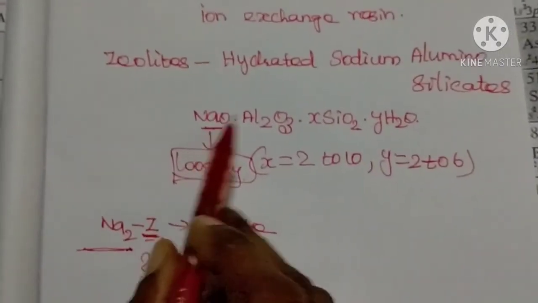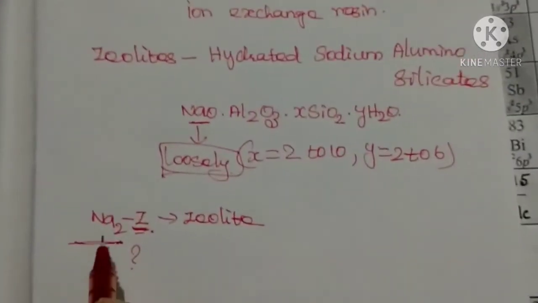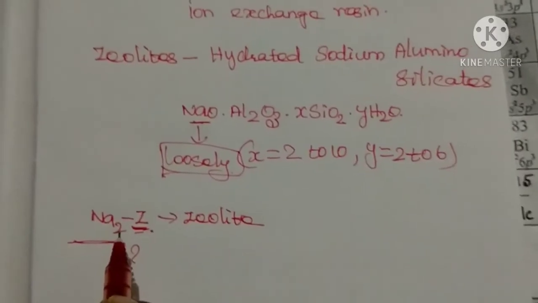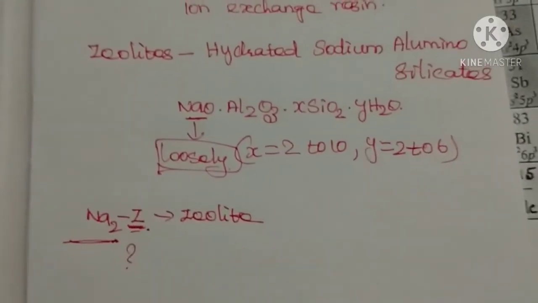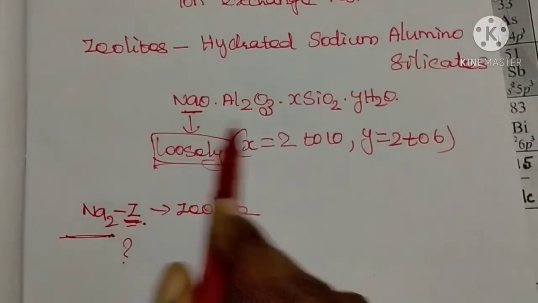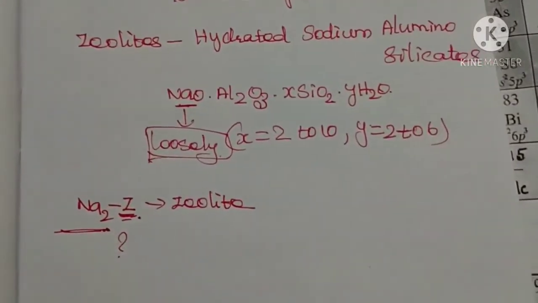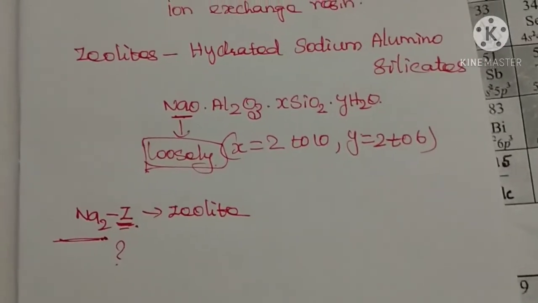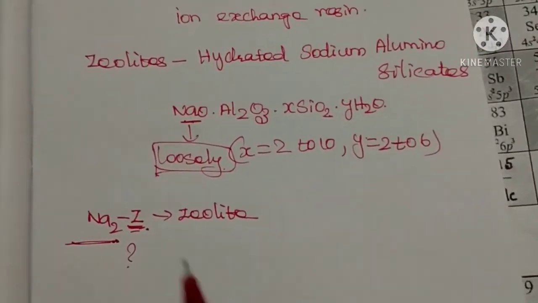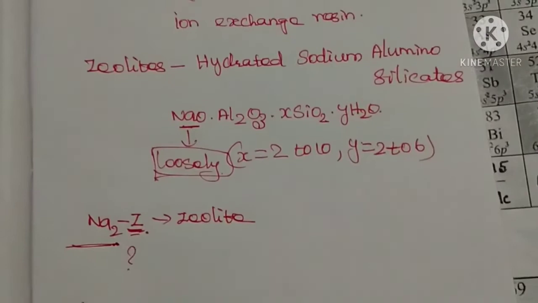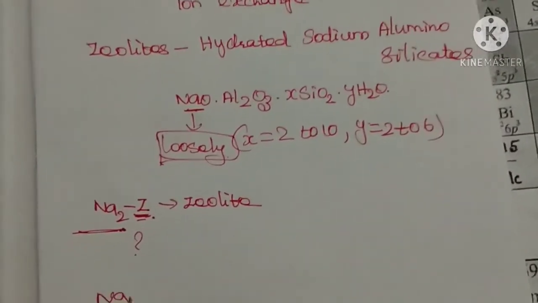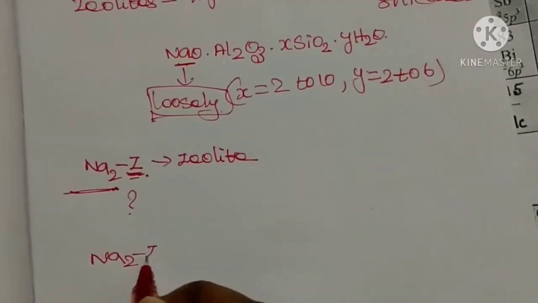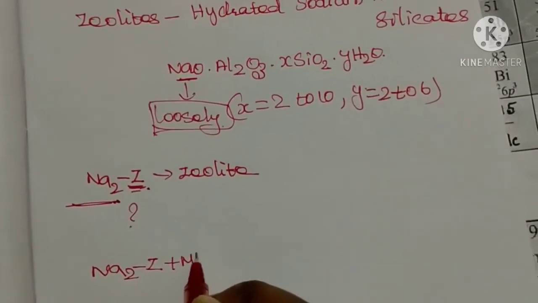Because this sodium is loosely bound, so it is easily removed. We can easily remove this loosely bound sodium from the zeolite. So Na2 is written separately, and Z denotes the zeolite, the remaining compound. So sodium is used here to remove the metal from the water.